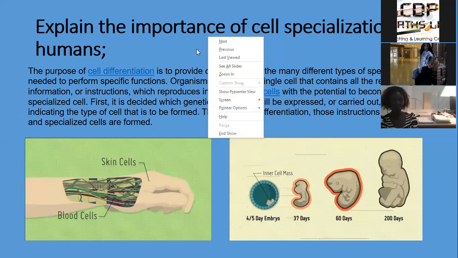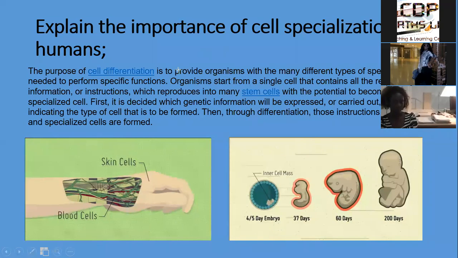All right, let us say that this circle that I'm drawing represents a stem cell, all right? And then you have another shape that represents something else.